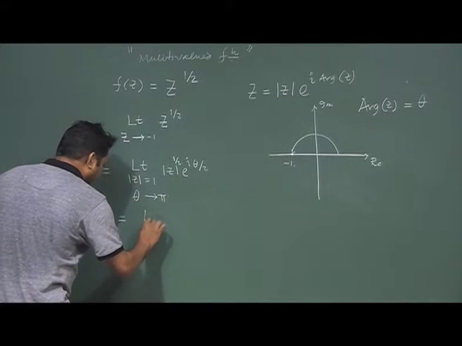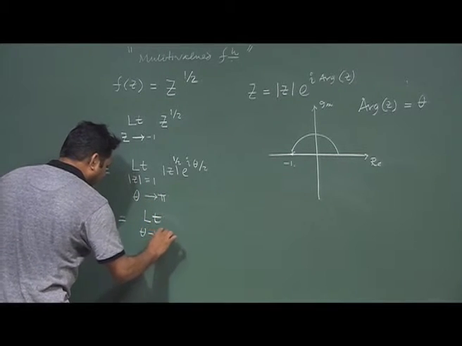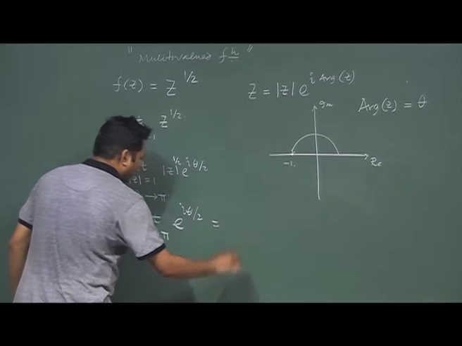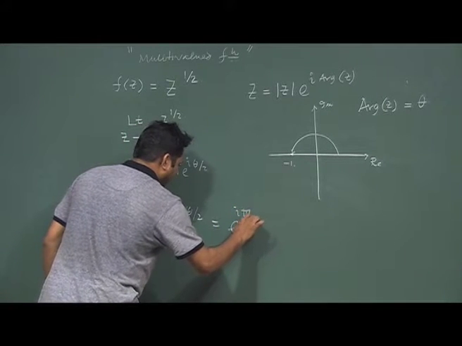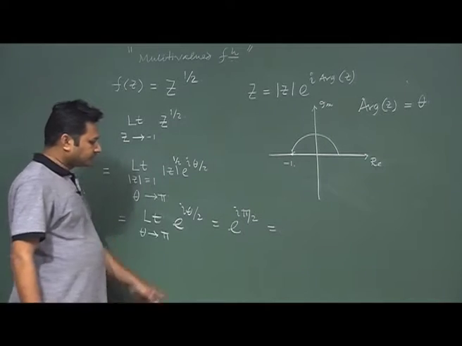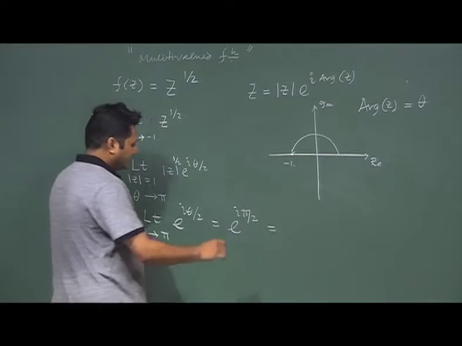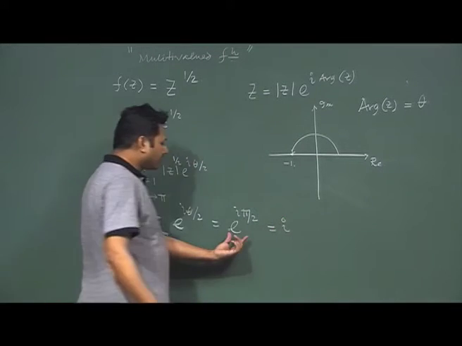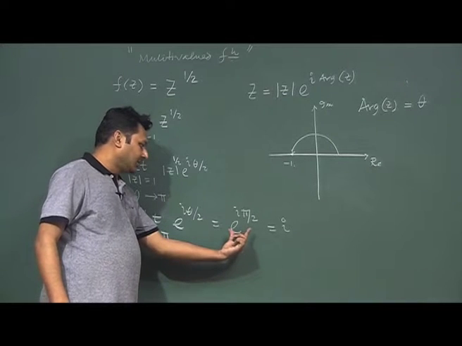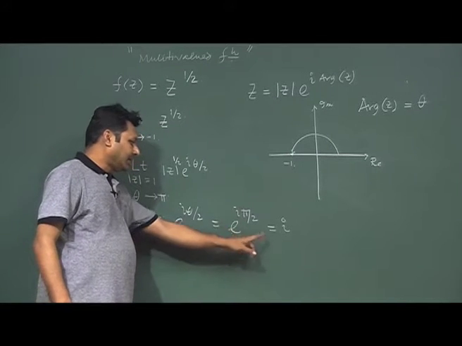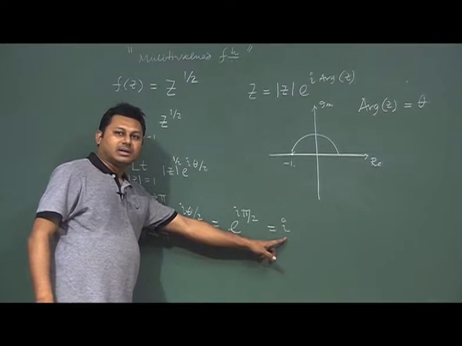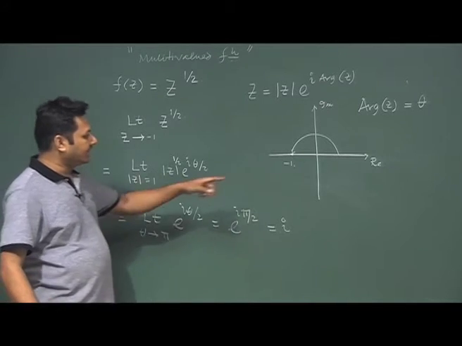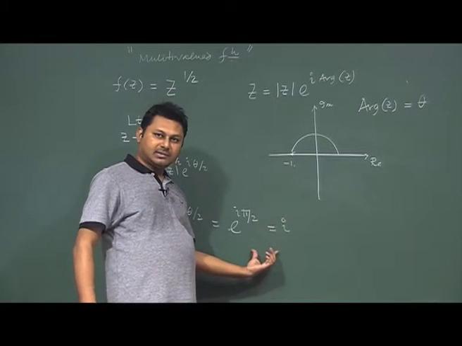So the limit is simply theta tends to pi of e to the power i theta by 2, which is e to the power i pi by 2, which is i, because cos pi by 2 is 0 and sin pi by 2 is 1. So here it is i. Okay, so one approach is something like that: I am going from this to this, and I am getting this.